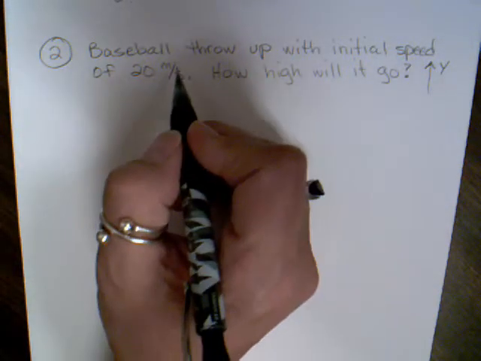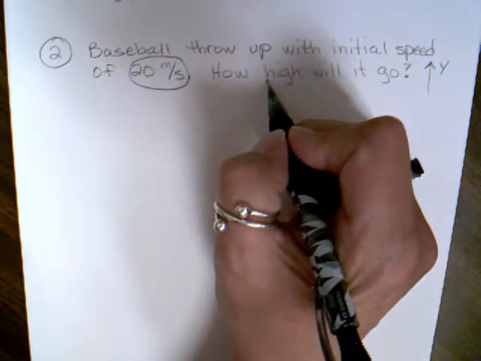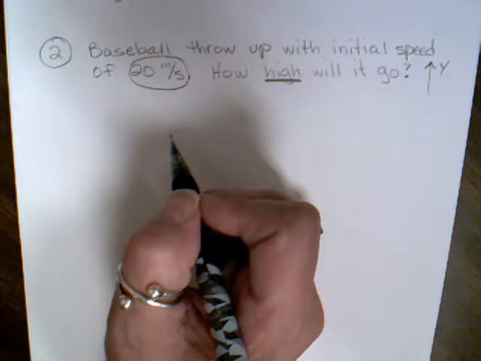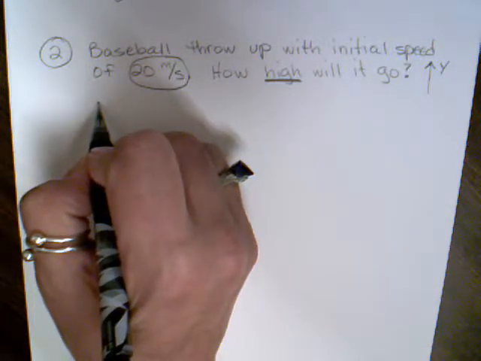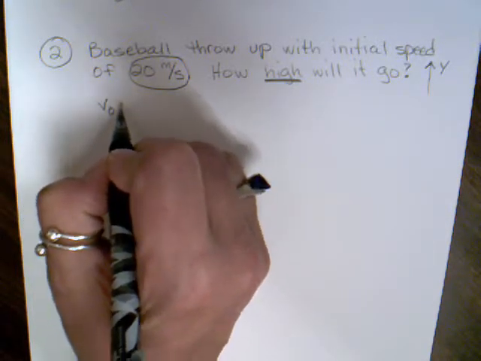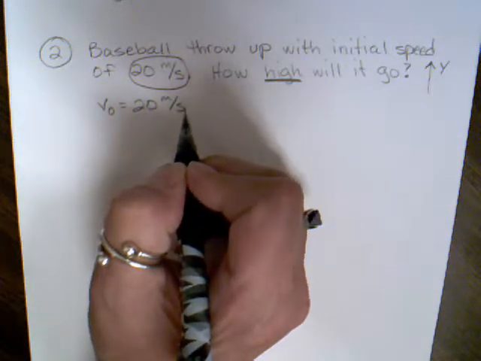So again, I circle what I'm given and underline what I'm looking for. I'm going to write my variables down. I have V naught equals 20 meters per second.